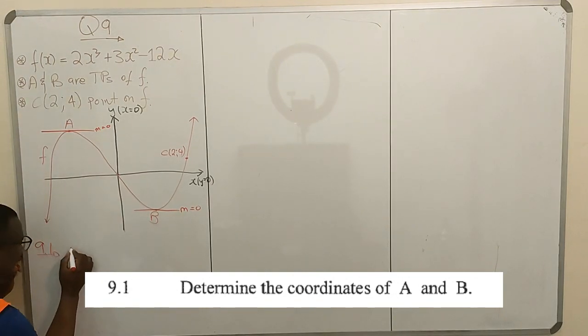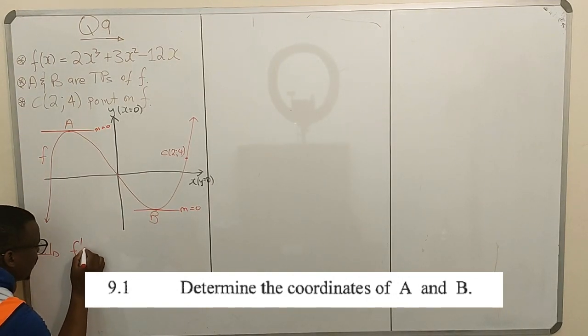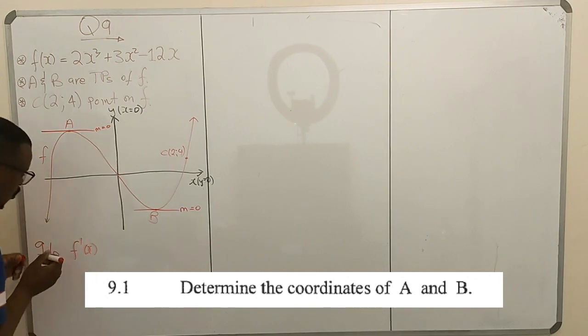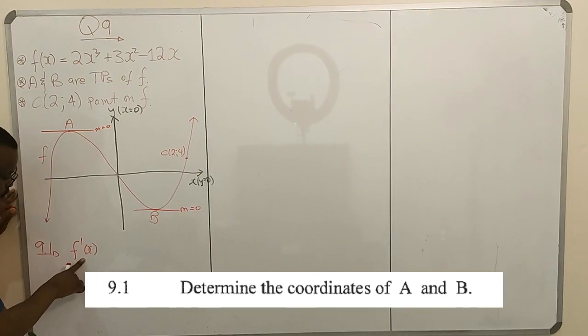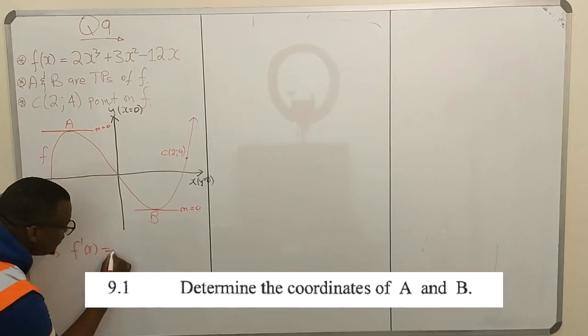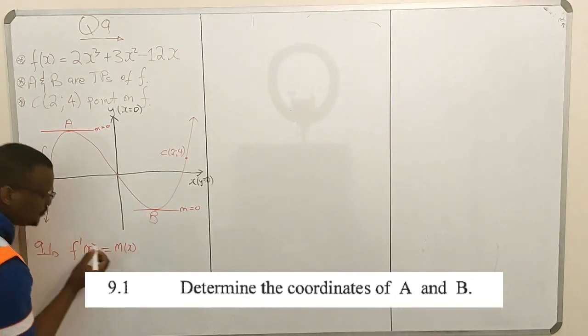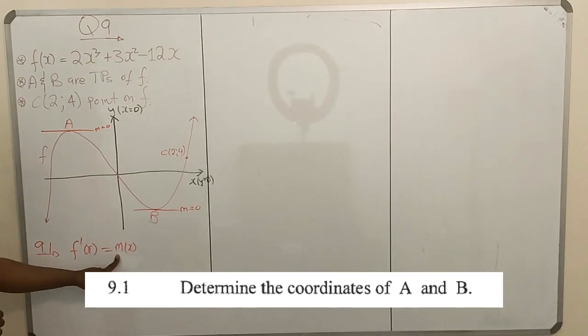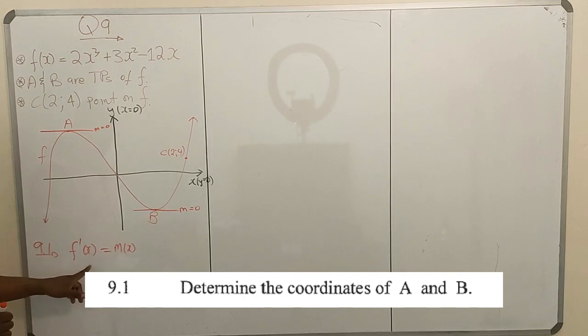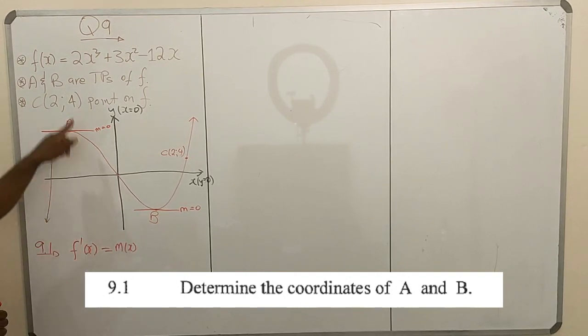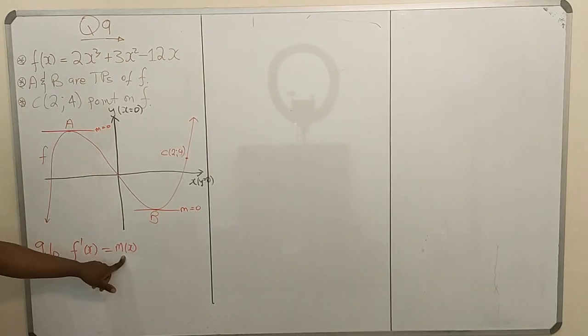So if you find f prime of x, it gives you the gradient at a point, where m is the gradient.